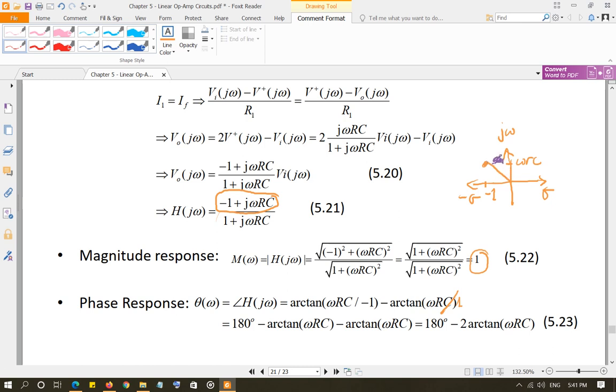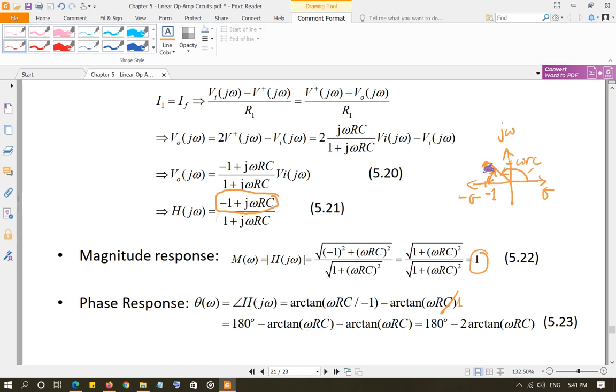That means the angle is this angle you're looking for. And this angle is the same thing as if you calculate this angle and then subtract it from 180 degrees. Then you're going to get this angle. And that's what we are doing over here: 180 degrees minus arctan of omega RC.